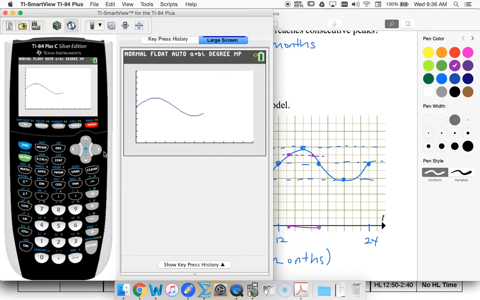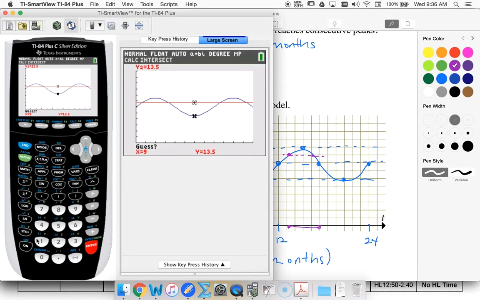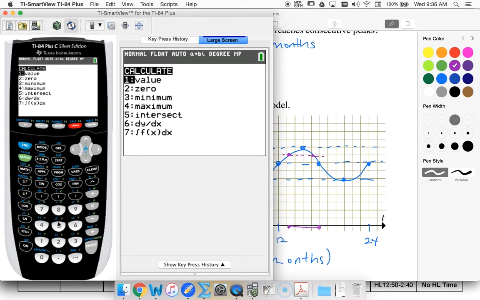All right, so here's my curve, and then I have my line 13.5. So I'm looking for these points of intersection. So calc, intersect, line 1, line 2, and based on my graph, my first point of intersection looks like it happens somewhere around month 1. So I'm going to type in 1 as my guess. Oh, and it is exactly 1. That's nice. Now I'll calc my second intersect.